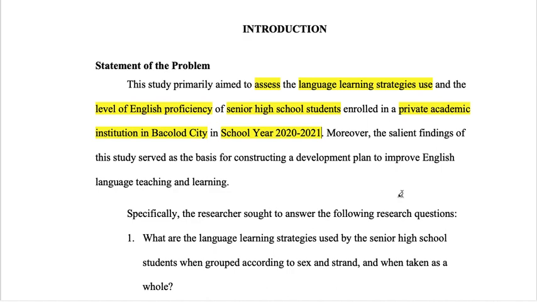So the statement of the problem is supposed to be one to two sentences only. On the second sentence here, the researcher states that the salient findings of the study would serve as basis for constructing a development plan. For what purpose? That is to improve the English language teaching and learning.